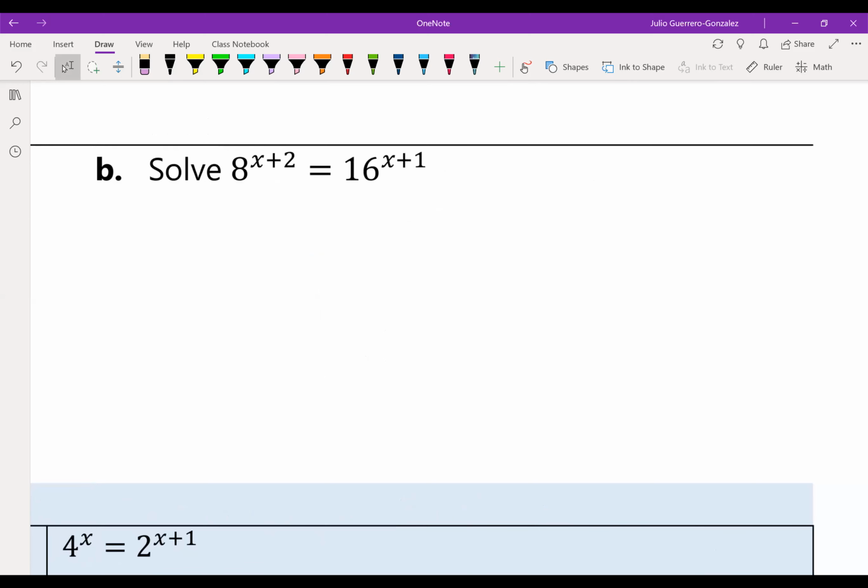Sometimes you might need to do it to both sides. So in this case, we have 8 is 2 to the third, and 16 is 2 to the fourth. So we use those to replace that and that.